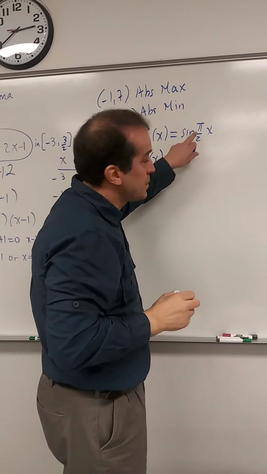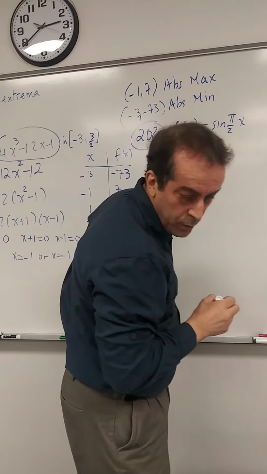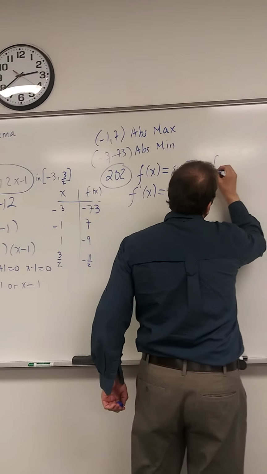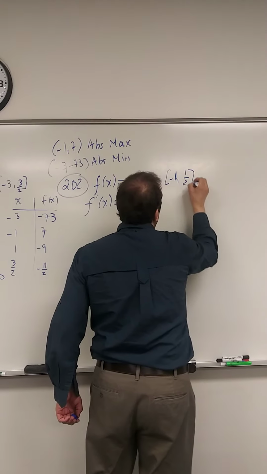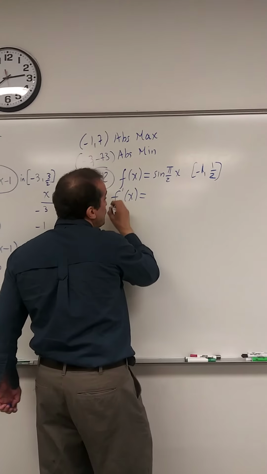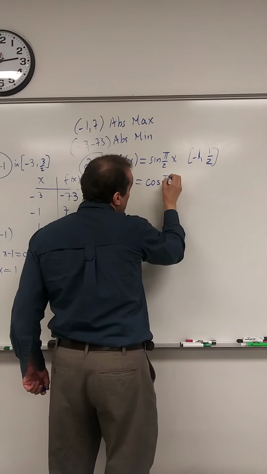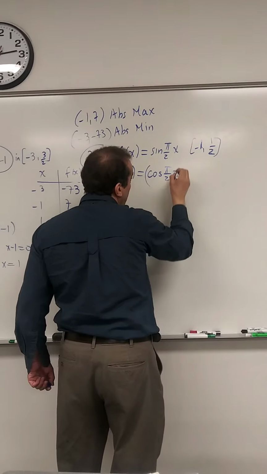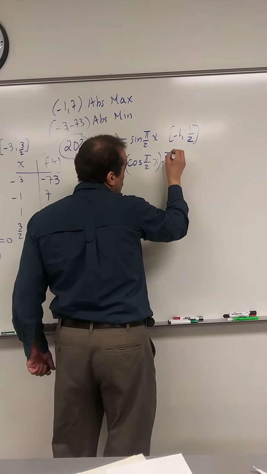Okay, let's do this example. f of x equals sine of pi x over 2 in the interval minus 1 to a half. f prime of x, the derivative of sine is cosine, so it will be cosine of pi over 2 x times, use the chain rule, the derivative of pi over 2 times x is pi over 2.